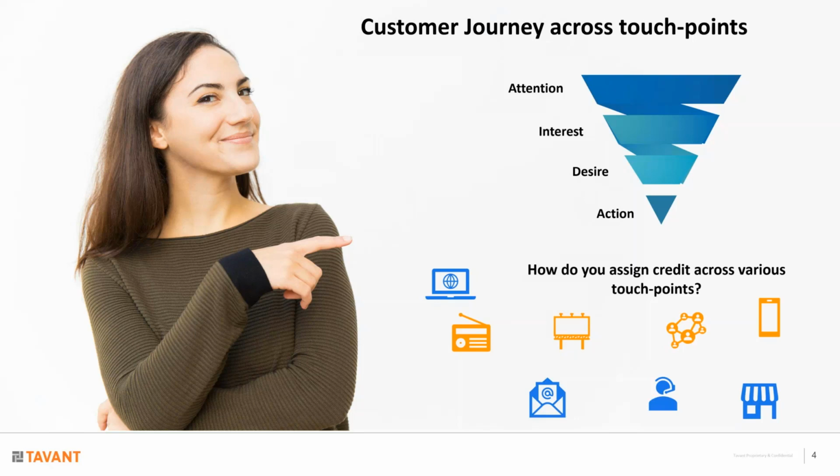She interacts with a brand in various ways. She may interact with it on the web, through social media. While driving, she may hear an ad related to the brand. There are the digital billboards. So she goes through a journey before she converts either to an online purchase or an in-store purchase.